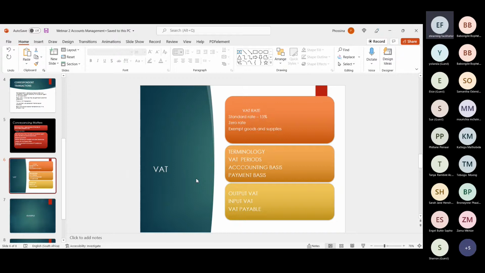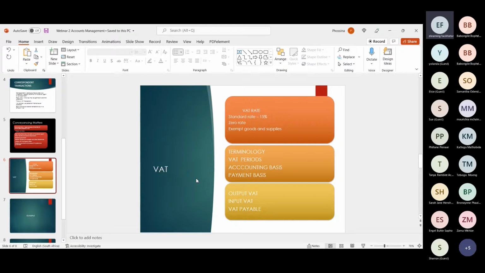Okay. So most of the services, like ours, we are treated as professionals. Most of our services are standard rated. Standard rated means the standard rate is 15%. So in whatever you are doing, you have to determine your price and be satisfied with your price or your fee.